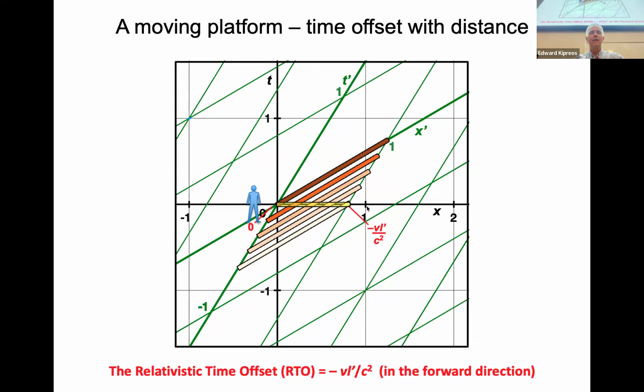And that earlier time is minus vL prime over c squared, which is velocity times the distance in the moving frame divided by the speed of light squared. We're going to call that the relativistic time offset, or the RTO, and it's minus vL prime over c squared in the forward direction. But if you consider from the forward direction to the back, it'll be plus vL prime over c squared.